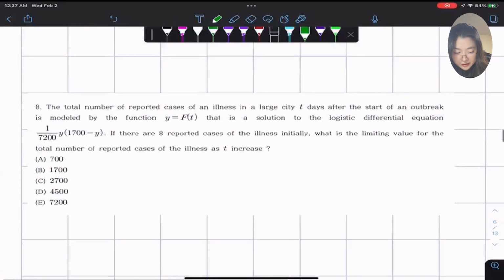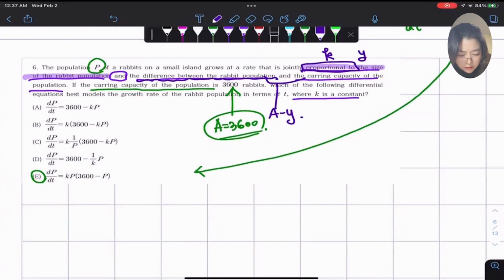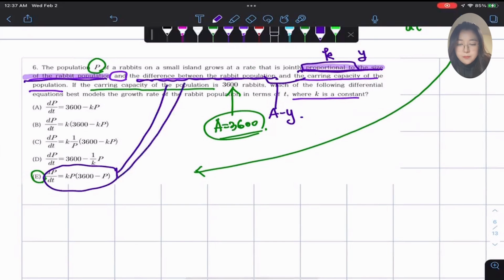Look at problem 8. Some problems provide these statements, proportional to the current population and the difference. But other problems provide this form. This is the same statement, because this is the definition of the logistic growth.